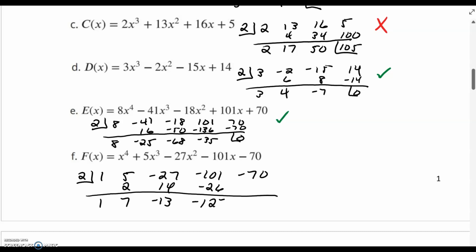Negative 127. 2 times negative 127. I can tell already that this remainder is not going to be 0. That is negative 254. And when I add these, I get negative 324. So I know that x minus 2 is not a factor of that polynomial function.